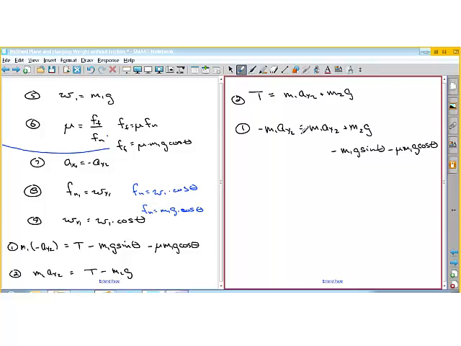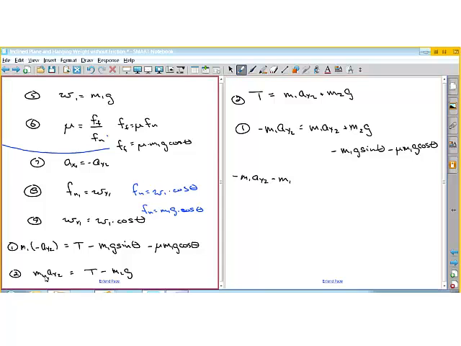Now, I'm trying to solve for a sub y2, so I'm going to move this to the other side. Oh, something wrong here. I think I messed up, this should be m2.